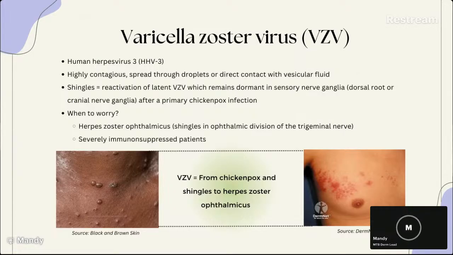On the left, which is an image sourced from black and brown skin, you can see that they are vesicles, but they're not erythematous or reddish compared to what you might see on the right hand side. Those are just things to bear in mind. Of course, the clinical presentation and what the patient tells you will also be really important. But do worry when you have herpes zoster ophthalmicus, and if there's any indication of them being severely immunosuppressed.